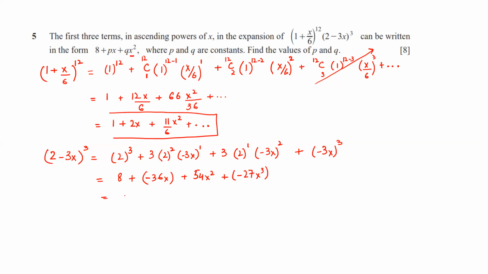So what we are left with is 8 minus 36x plus 54x square minus 27x cube. This is 2 minus 3x whole cube, and this is the second factor we have.